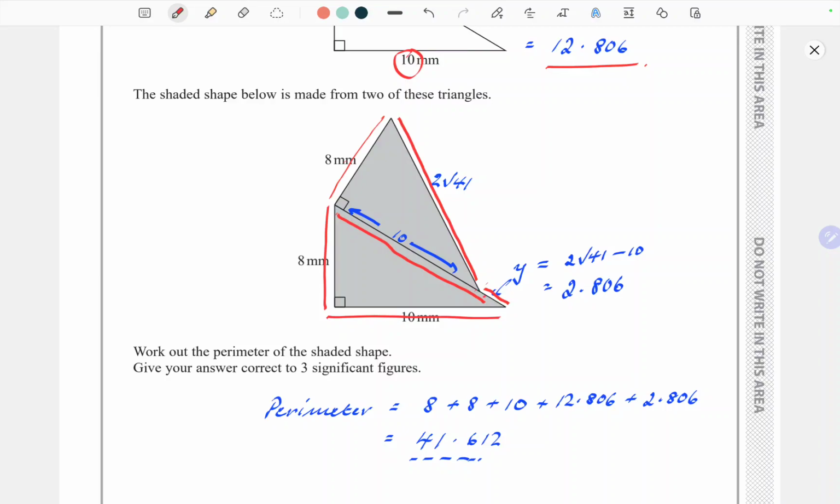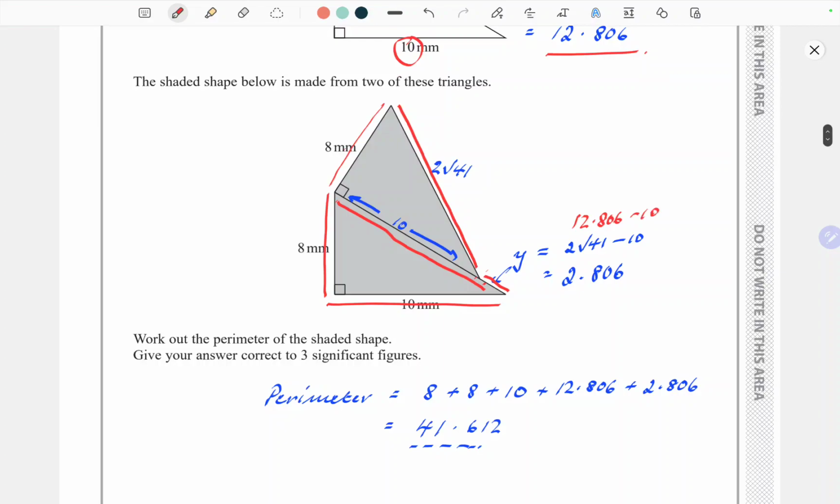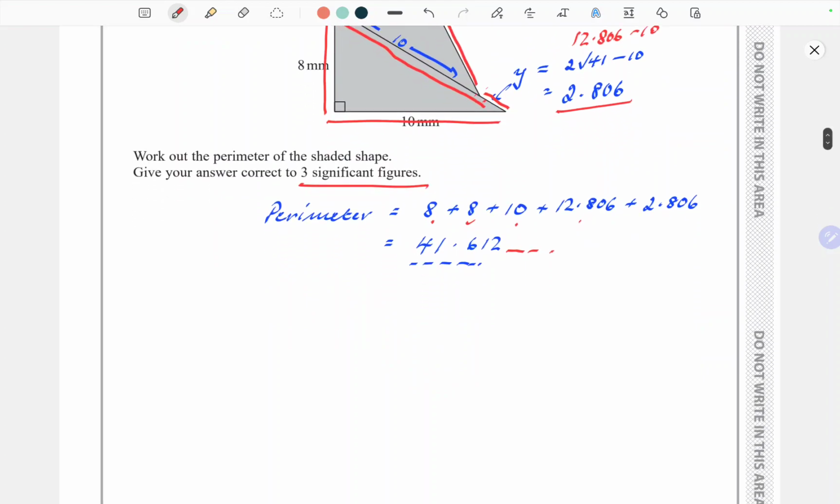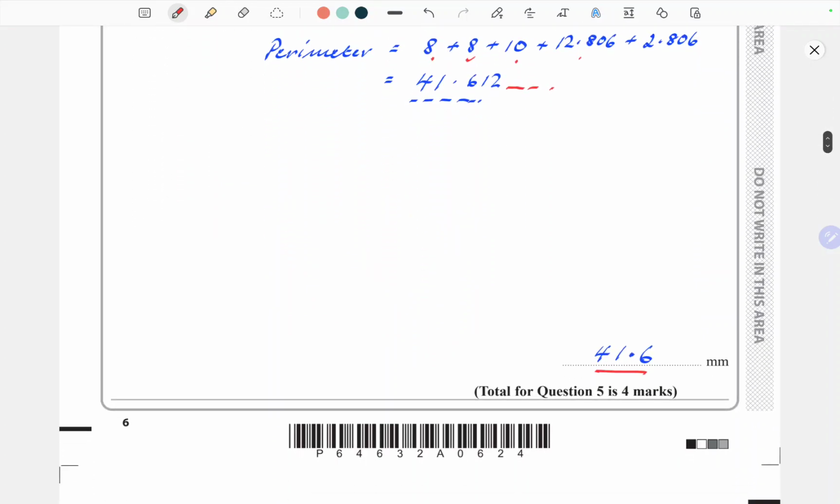So this bit here must be the 12.806, if I can say it right this time, minus the 10. So 2.806, all right? So the total perimeter, 8 plus 8 plus 10 plus 12.806, and plus the 2.806. Altogether, 41.612, etc. But they want three significant figures, don't forget that. And the answer is simply 41.6.